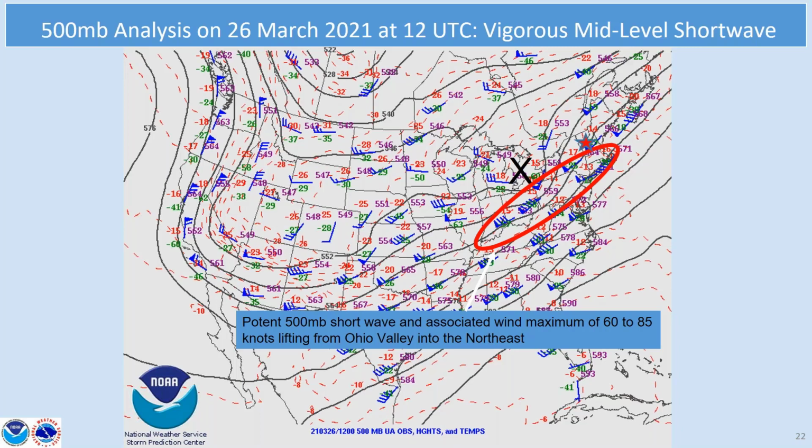And as Pete had alluded to, this did help the deep layer, the 0 to 6 kilometer shear across our area. And if you look at the height fields closely across the Northeast, you can sort of see an upper level divergence in the height fields, and that would help promote deep scale synoptic lift.